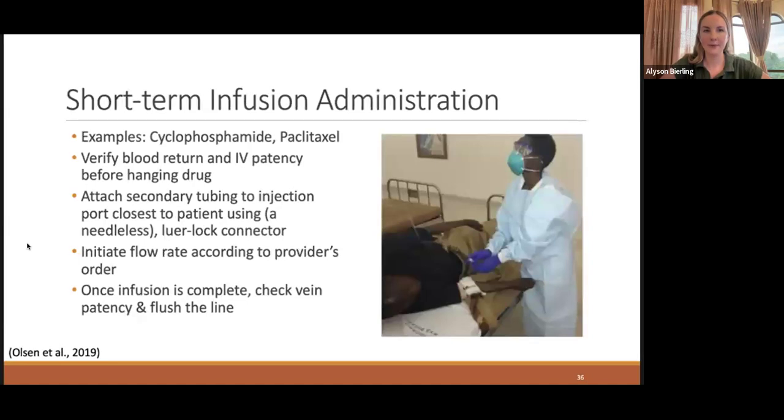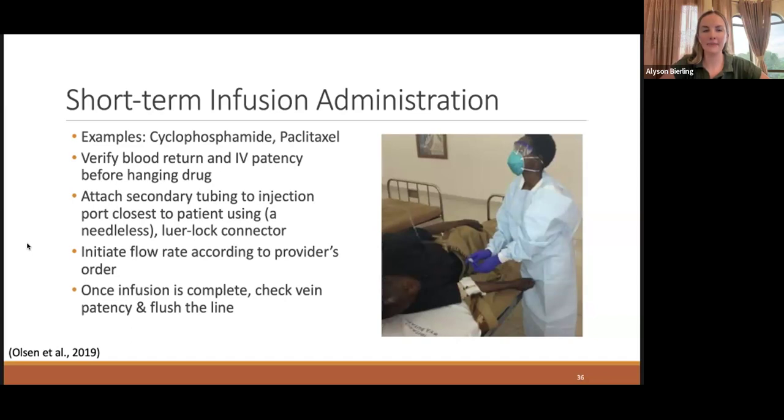All right, so doxorubicin we're giving by IV push. All of the other IV drugs you're giving in your setting, you're going to be giving as a short-term infusion. So with the short-term infusion, we again want to verify blood return and IV patency before hanging the drug, but you don't need to be checking for blood return after every 2 to 5 mils with these drugs.